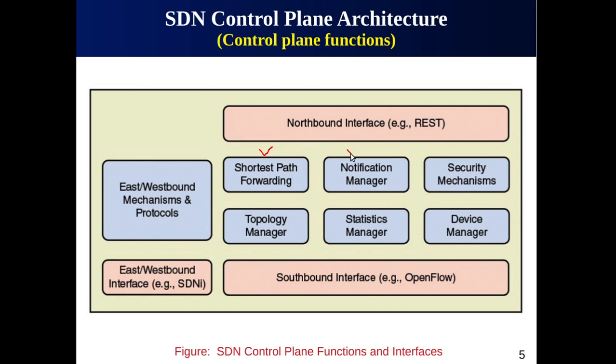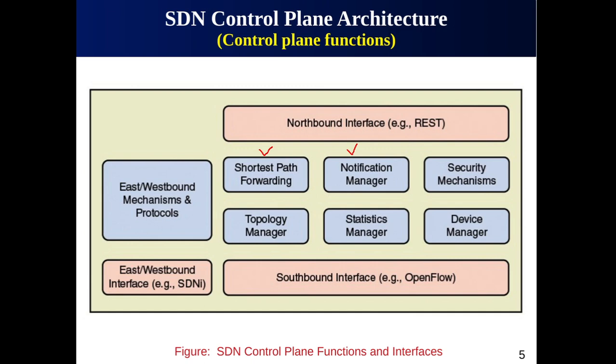Second is notification manager. As the name indicates, it receives, processes, and forwards different events, like alarm notifications, security alarm notifications, or even changes in the state of the switch, to an application.